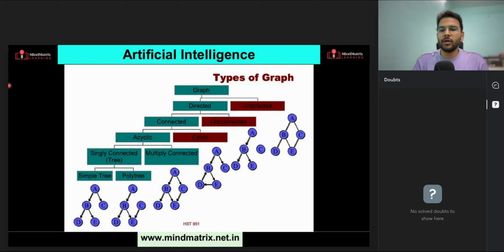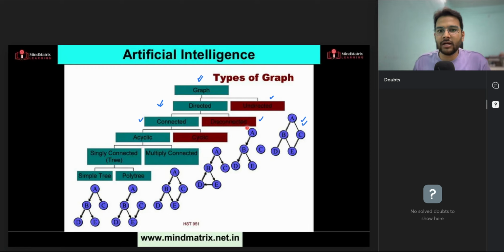Now there are certain types of graph that we have. Two categories of graph: one is directed and the other is undirected. When I say undirected, that means there is no direction in the edges. In every edge there is no particular direction from where to where we have to go. But if I talk about the directed, there is a further categorization: connected graph and disconnected graph.